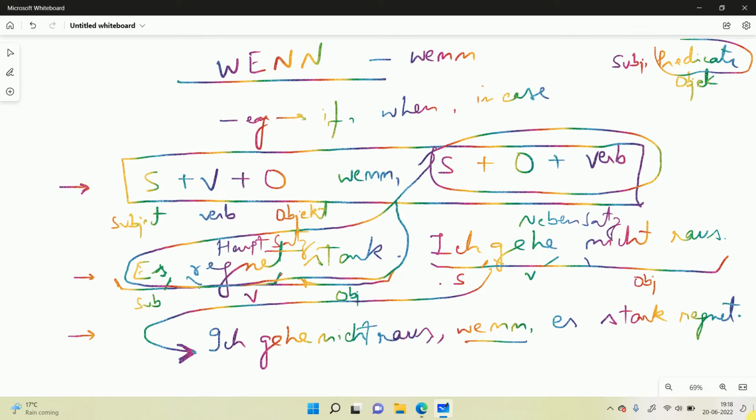So the sentence structure changes, plus the verb position will change. Let me give you a few more examples, then it will be much more clear. The problem that you might face, friends, is that two sentences are involved, so it's not a single sentence statement. There could be a little bit of confusion, but should not be too much.